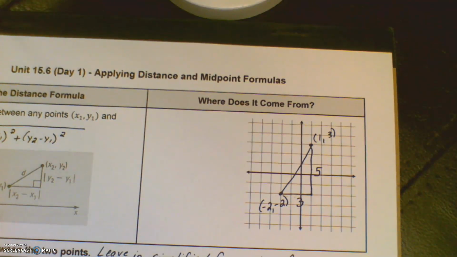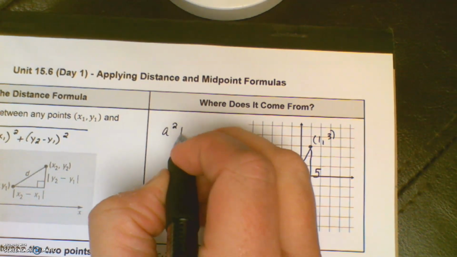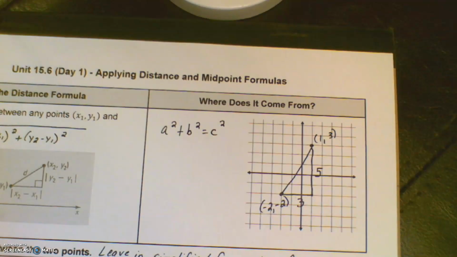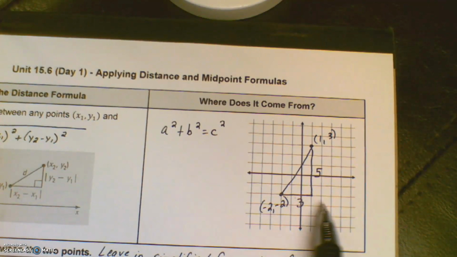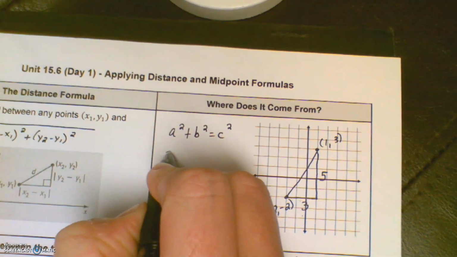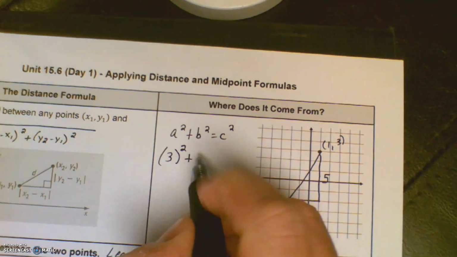To do this, since we have a right triangle, we can use the Pythagorean theorem. Plugging in, either side could be A, but I'm going to let 3 be A, so 3 squared. B is 5 squared.